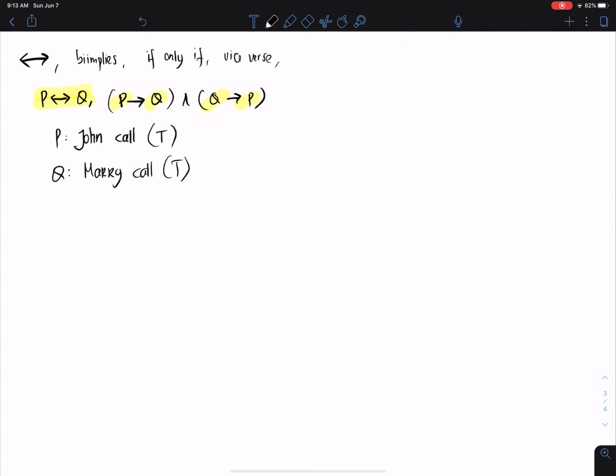So if we create another statement by combining these two statements, then we are going to have John calls if only if Mary calls, just like that.